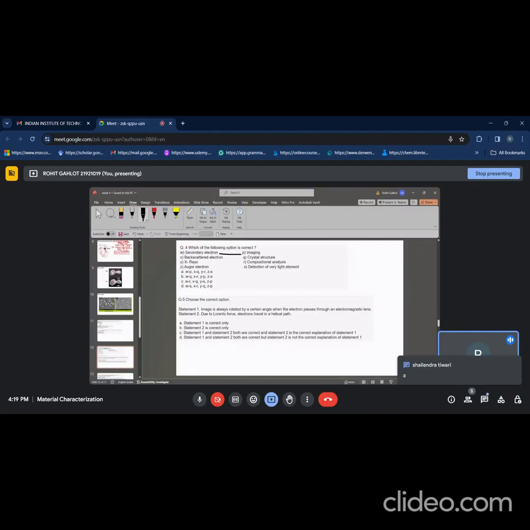So if we match, the secondary electron is used for the imaging part. Yes, you're right. The correct answer is A. The backscattered electrons are used for the crystal structure, X-rays are for the compositional analysis, and Auger electrons for the detection of very light elements.